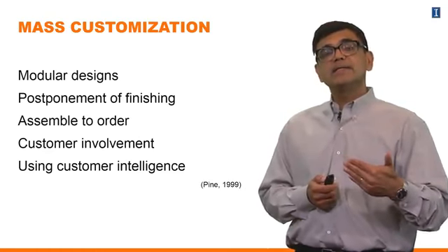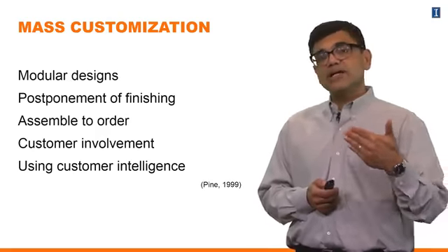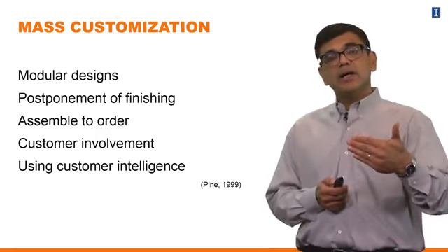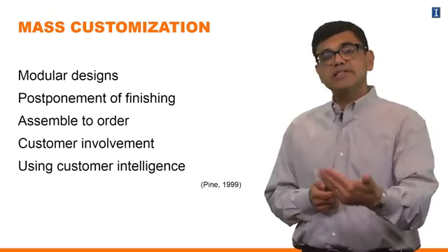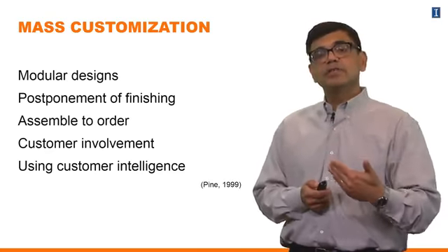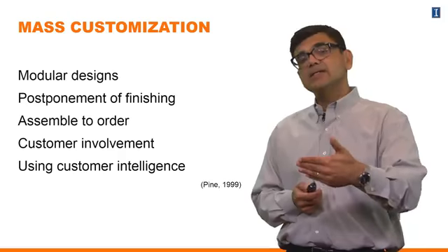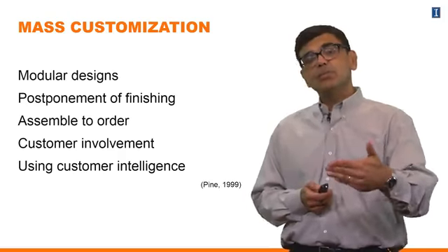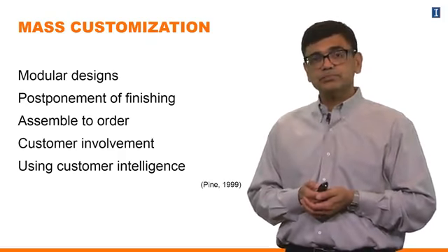What they've done is come up with a process of making their sweaters in white all the way almost till the end of the production process, and being able to dye them into whatever color is needed. So postponement of finishing has helped them use the mass production idea and customizing at the end based on whatever color orders come in from different stores.